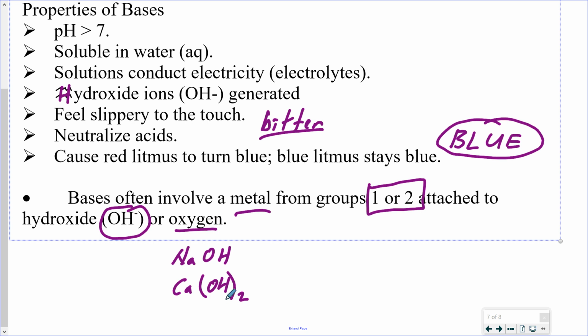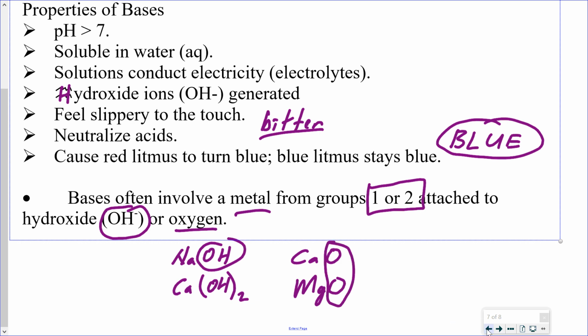Other ones just with oxygen. So this one here, CaO, is also a base. Calcium from group 2. Magnesium, MgO, magnesium from group 2, that is also a base. So look for those, ones that have the OH and metals with the oxygen as well.